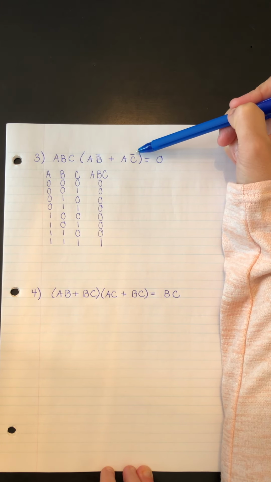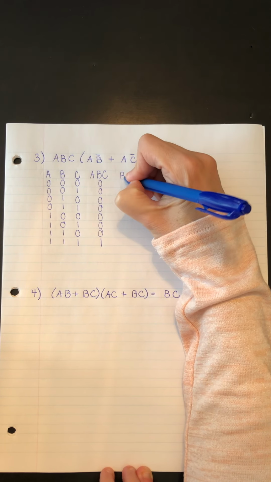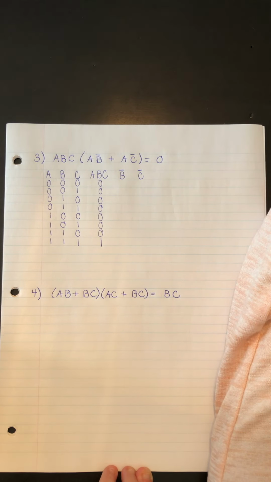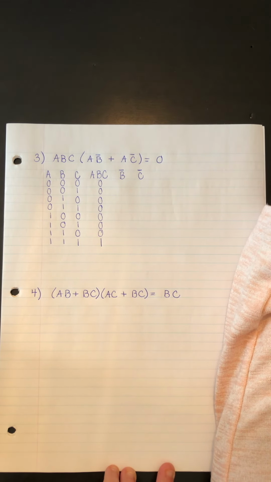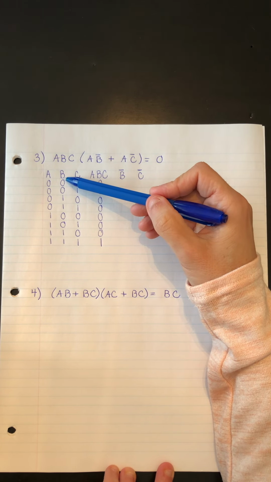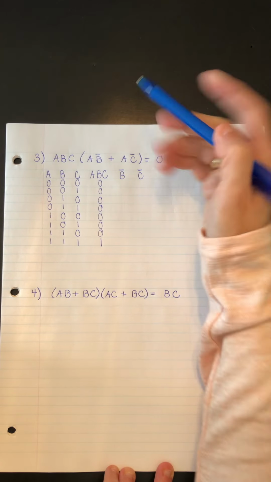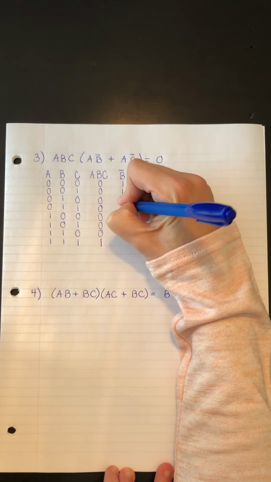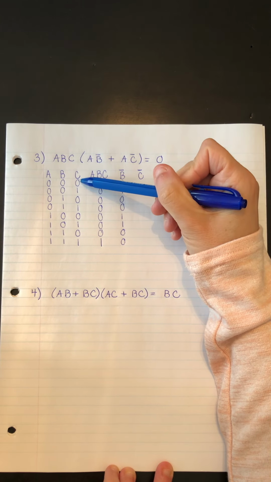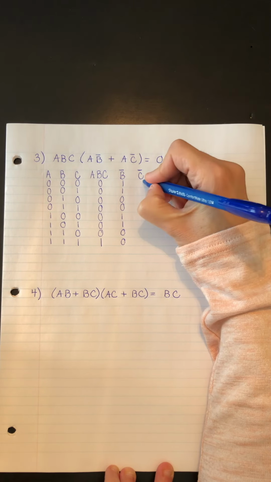But in order to accomplish that, I actually need a column labeled B0 and a column labeled C0. So I'll do those next. So B0 will be the opposite of B, which means 1, 1, 0, 0, 1, 1, 0, 0. And C0 will be the opposite of C. So we'll do 1, 0, 1, 0 all the way down.